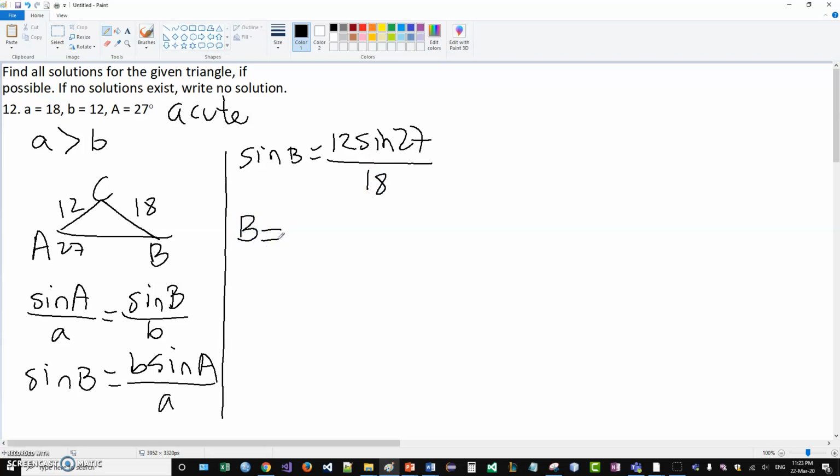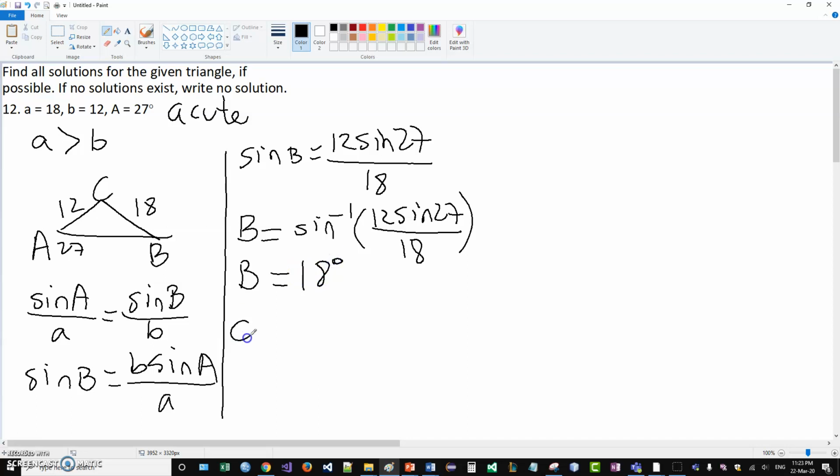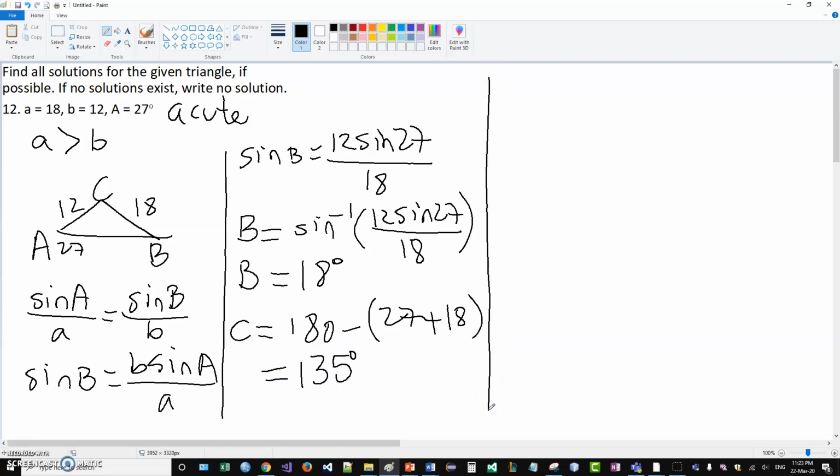Angle B equals sine minus 1 of 12 sine 27 over 18. That will give us close to 18 degrees. Angle C equals 180 minus the sum of A and B, 27 plus 18, that will be 135.